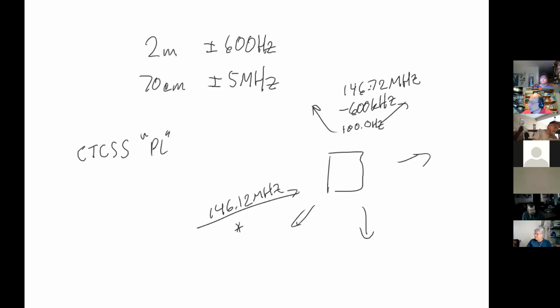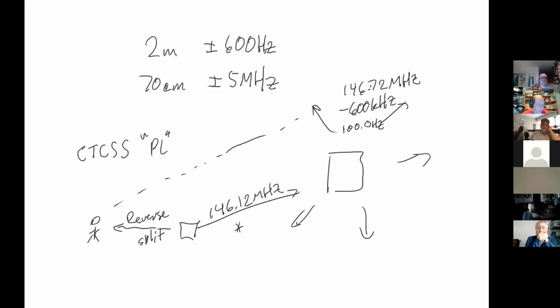Let's say there's a station on 146.12 transmitting, and I might be way over here and I can't hear the repeater very well. But if we're really close, I might actually be able to listen on the other frequency. And then there's something called a reverse split, which basically allows me to flip my receiver and transmitter frequency channels back and forth.